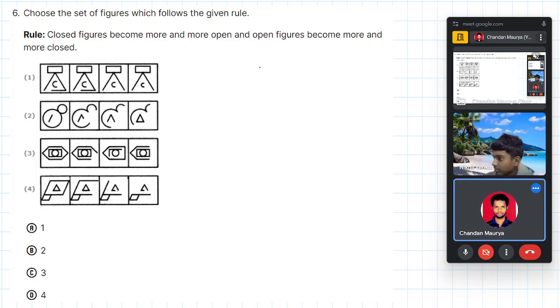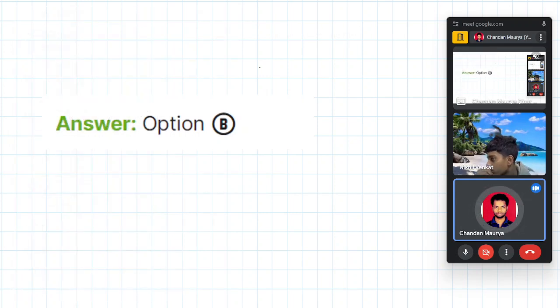Fourth also, the triangle is opening, but in the first and second, I cannot see any movement. So I am also going with option number two, B. Yes sir, that's correct.